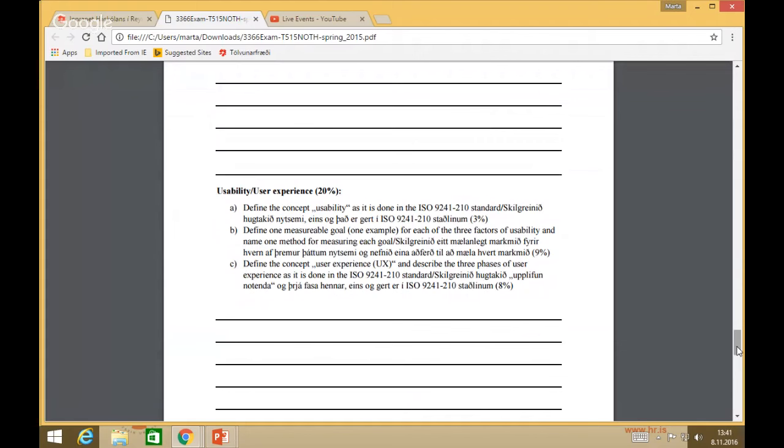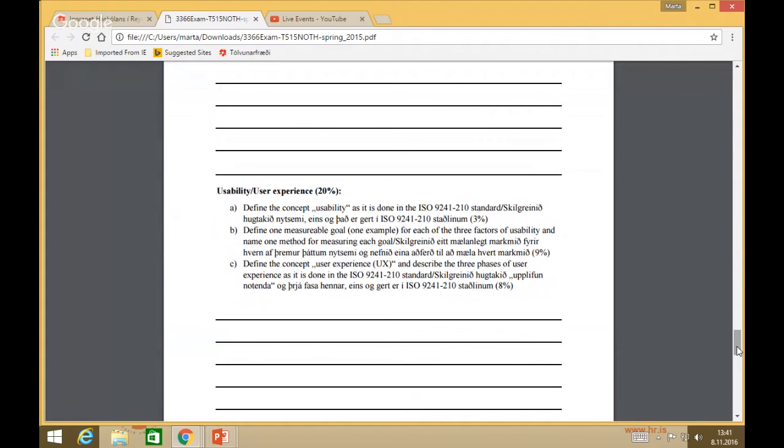Okay, this is fine. A little bit better would be all users can finish, because a user is almost, yeah. But this is a better phrasing of it. And then efficiency.